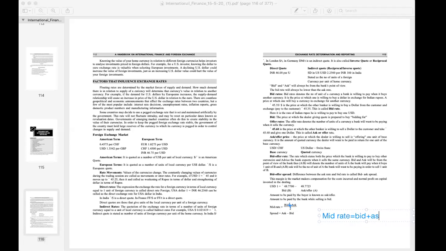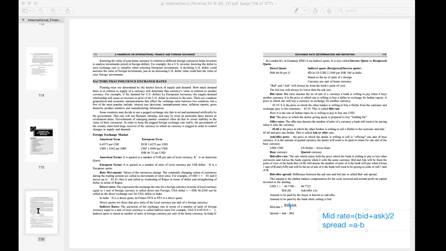Okay? Spread equal to A minus B. Are you following? Mid rate equal to A plus B by 2. Spread equal to A minus B.